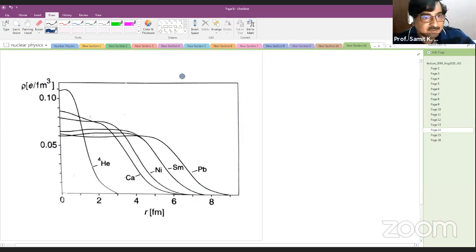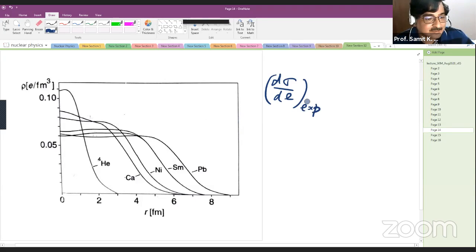But the cross section you know how to calculate. Now if you rewrite the cross section, d sigma by d omega, this you can get from the experiment, and then you compare with what you have calculated from your theory.